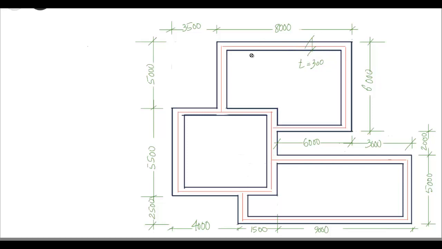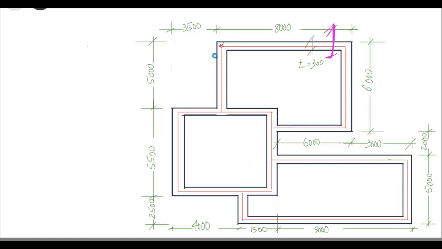If we take the first piece, number 1, the calculation for that one will be simple. We're just calculating the center line, which is from this point to this point.